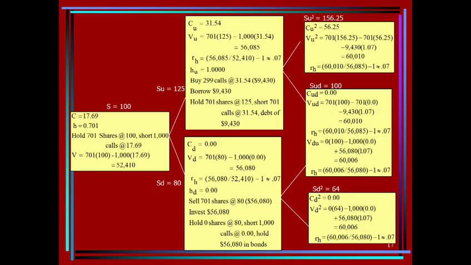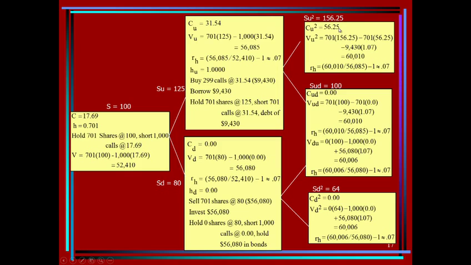Okay. Now stop me if you have a question. I want to make sure you understand this slide. So the value of your portfolio now is, how many shares do you have? 701 shares, right? So 701 times the prevailing stock price minus 701 calls, because you're short, right?